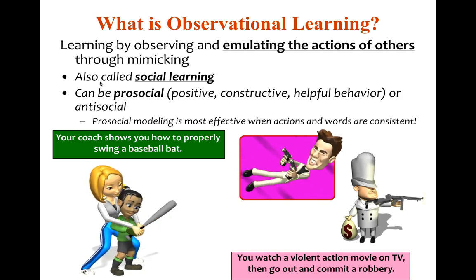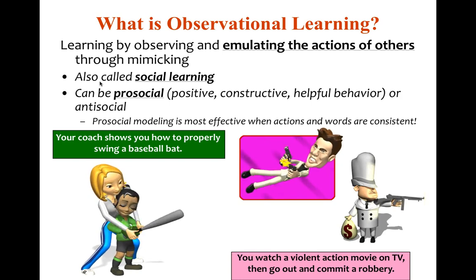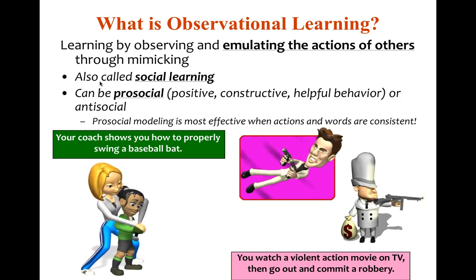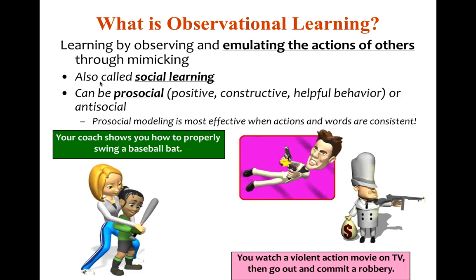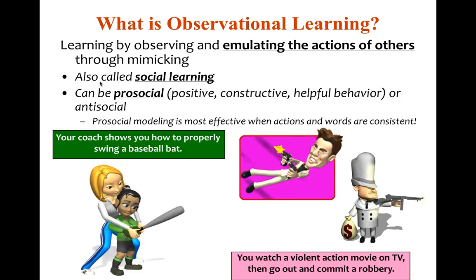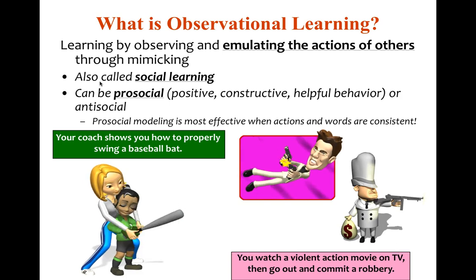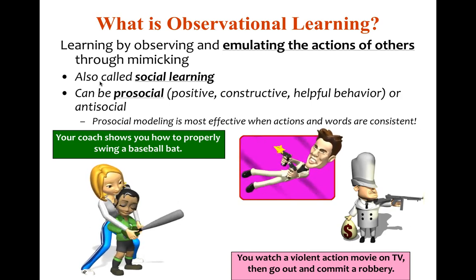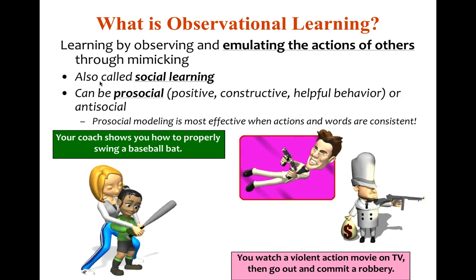Pro-social modeling is most effective when actions and words are consistent. Whenever your coach is showing you how to properly swing a bat, think about not only talking about it, but also showing your student. Whenever I'm showing my students something, it goes back to scaffolding when we were talking about Vygotsky.